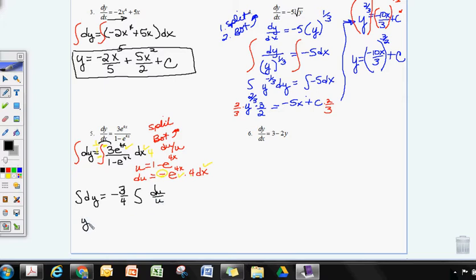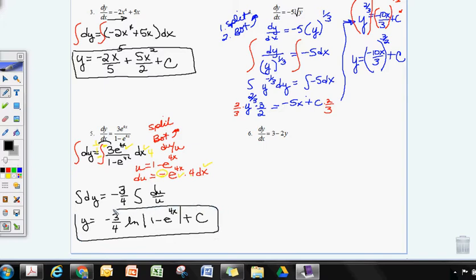So now y would equal negative 3/4 natural log of my u value, which is 1 minus e raised to the 4x power. And don't forget, plus c. The y is by itself. So guess what? I'm done.